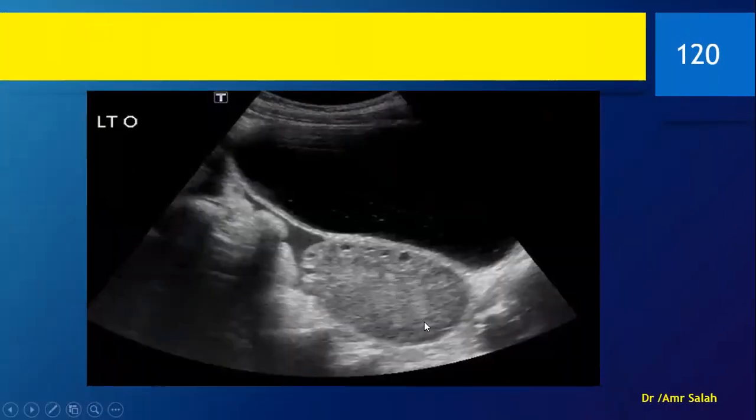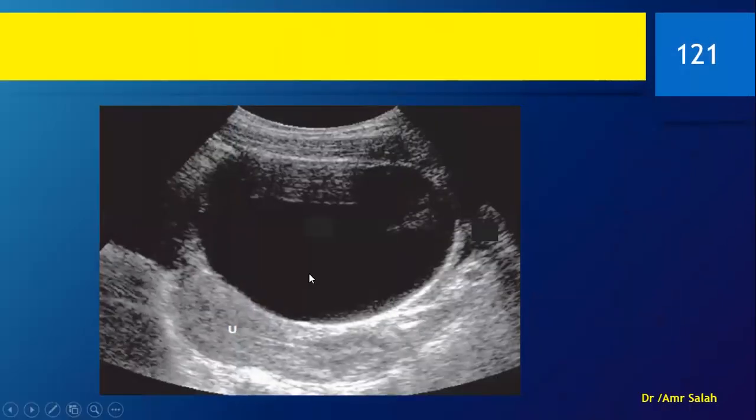You have free fluid here. You have free fluid here. This is the ovary, not free fluid. This is the ovary, and it is very enlarged. You might think that this is the bladder, but this is not the bladder. And this is an important issue. I want you to know that the ovary tends to be rather globular, round as such, whilst the bladder tends to be rectangular or square, kind of.